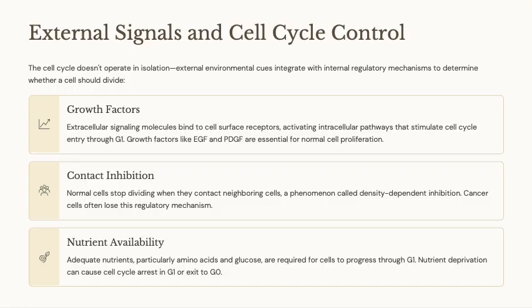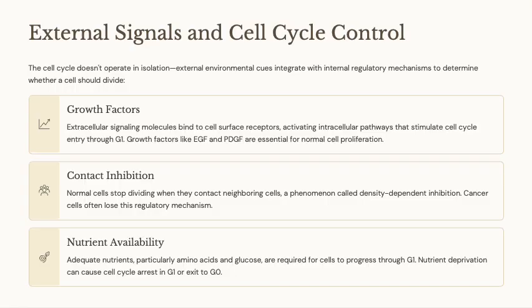Another important regulatory mechanism is contact inhibition, also known as density-dependent inhibition. In normal tissues, cells stop dividing when they come into contact with neighboring cells. This mechanism prevents overcrowding and maintains tissue structure. Cancer cells often lose contact inhibition, allowing them to continue dividing despite close cell-to-cell contact. Nutrient availability also plays a critical role in cell cycle control.